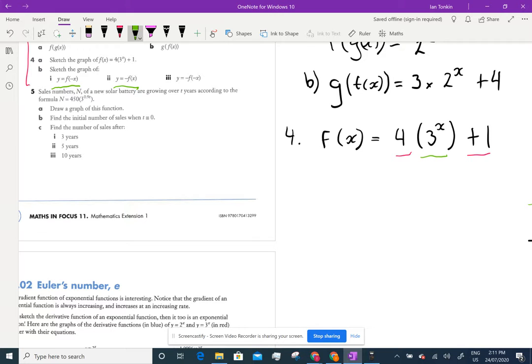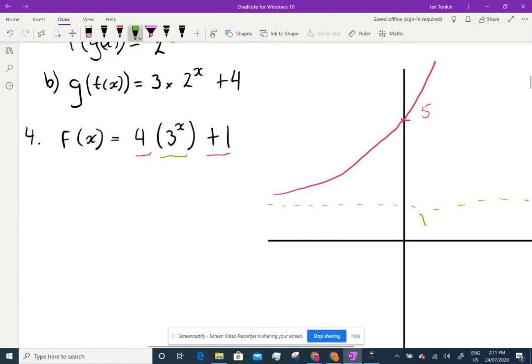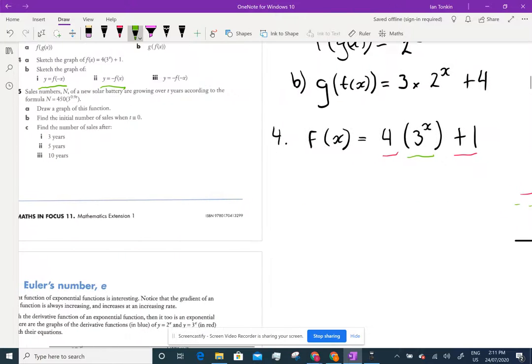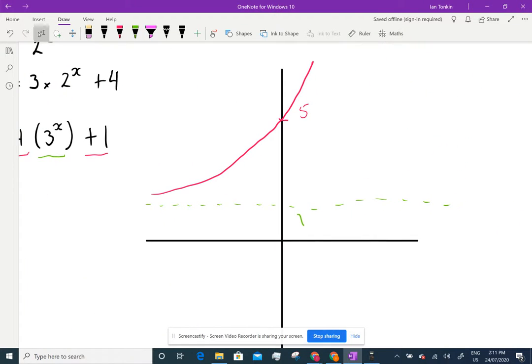And if you're ever unsure, you can try some values. So the first one here, that's just going to get all the negative x values and swap them with all the y. So that one is going to go this way.